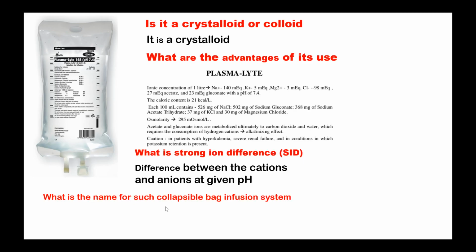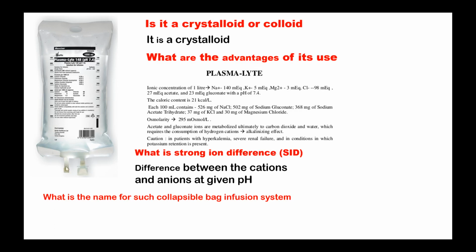What is the name for such a collapsible bag infusion system? Rapid infuser. Why did they replace the older system? In the older days it used to come in bottles.